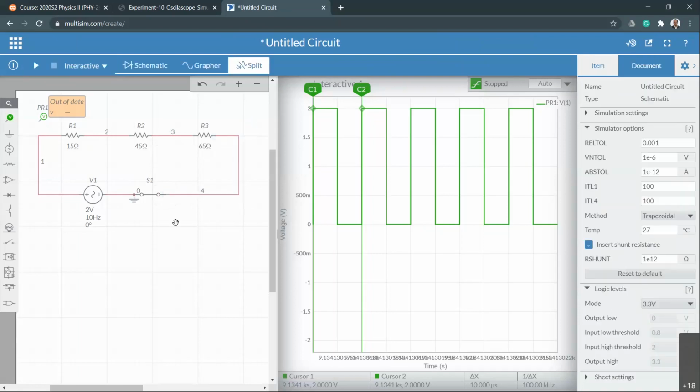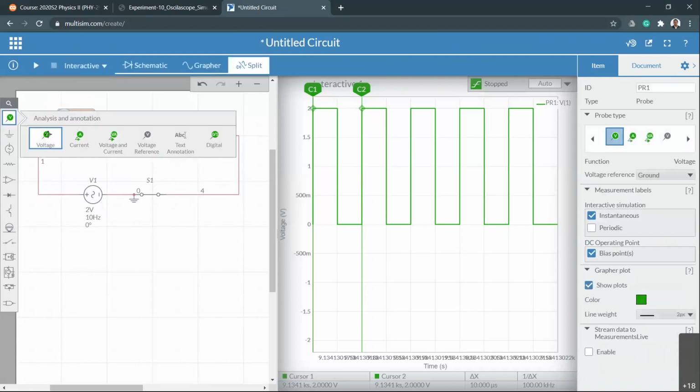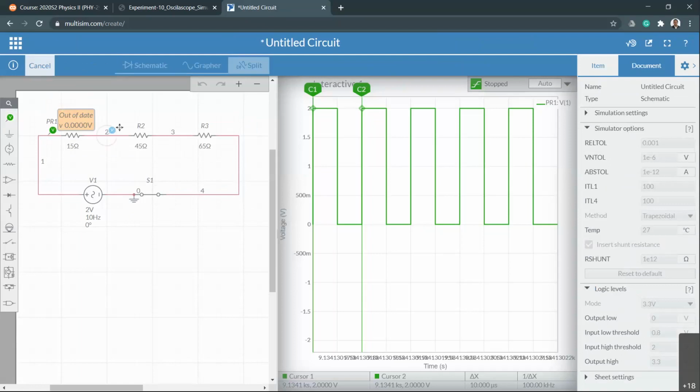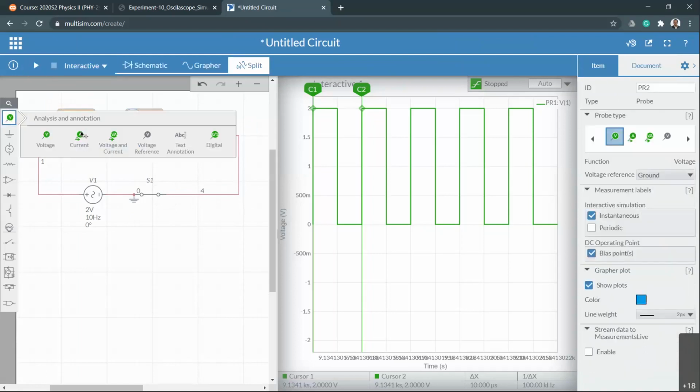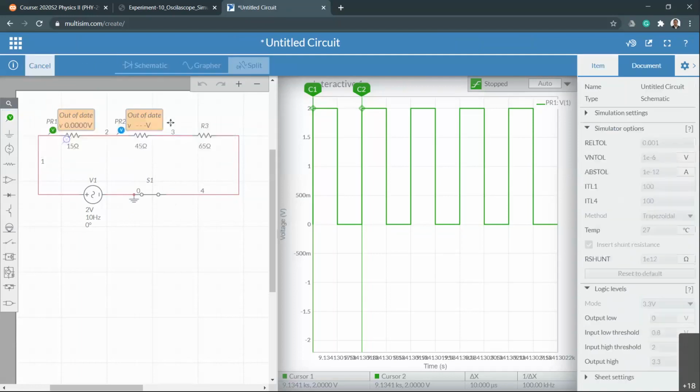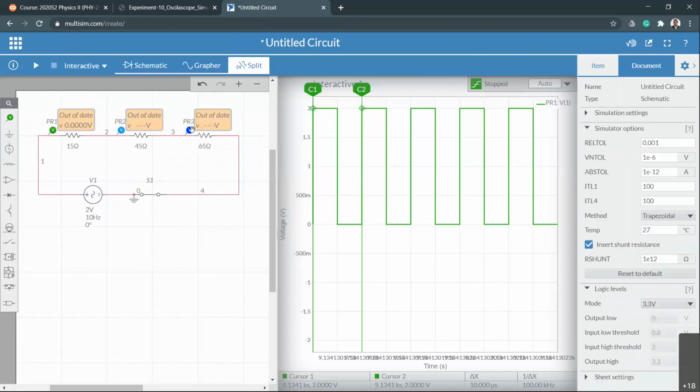Okay, so that's it. Then I need to measure voltages across each resistor, and also I want to measure current, right? So I have one voltage sensor here. Leave it just before R1. Then bring two more voltage sensors, one between R1 and R2, another one between R2 and R3. Those three are measuring voltage across R1, R2, and R3.